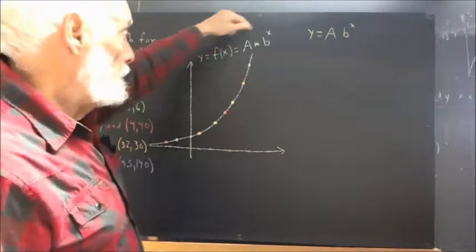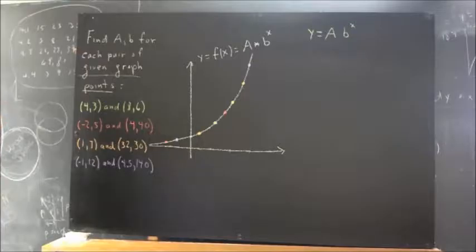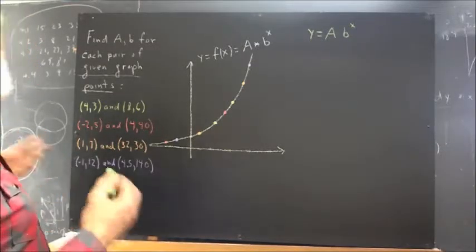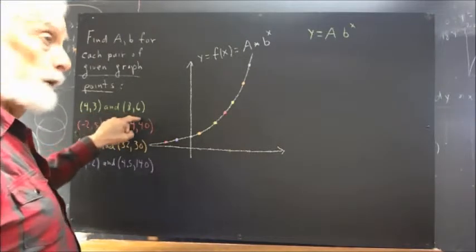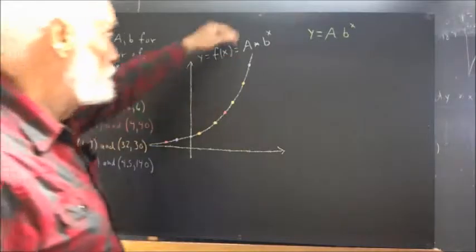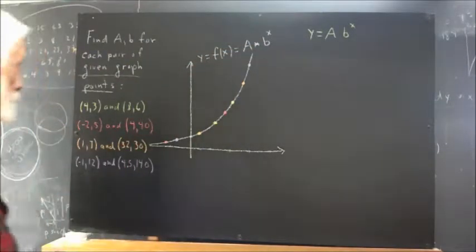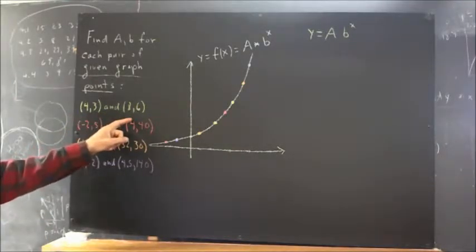Okay, so A and B can be adjusted to make these 2 points fit. And the process is going to involve simply obtaining an equation for each point. And each point will give us an equation with unknowns A and B, and then we simply solve the equations simultaneously. And I'm actually going to do that for the first 2 points.